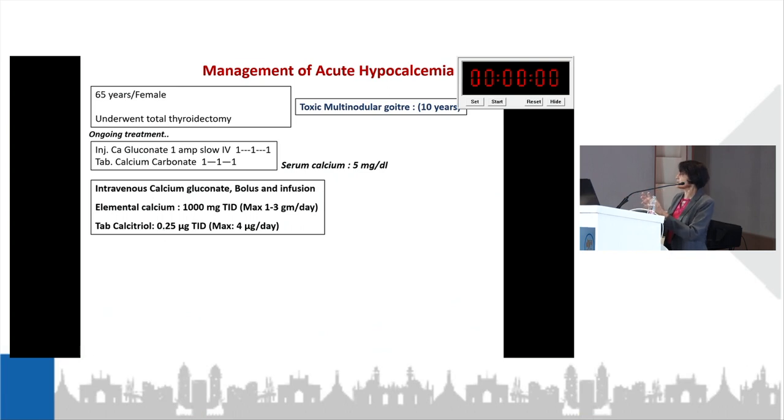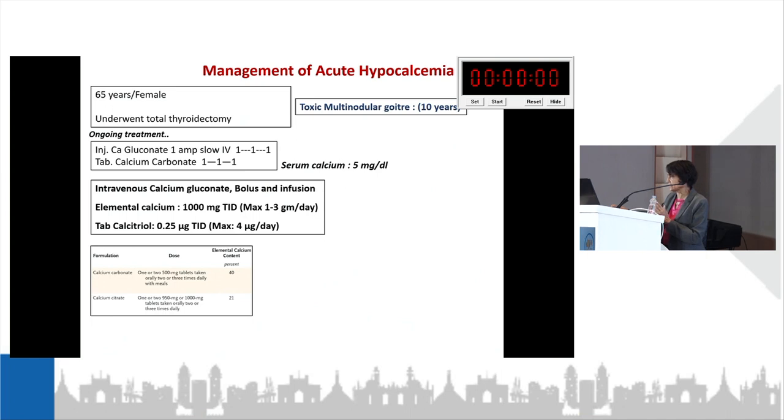And if this regimen doesn't respond, you would need to look at the magnesium as a background, in case there is a magnesium deficiency which needs to be corrected as well.